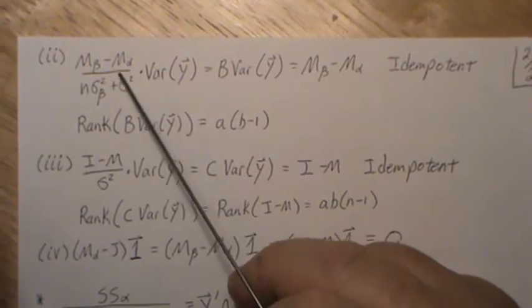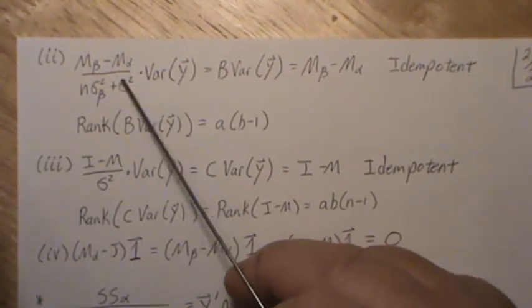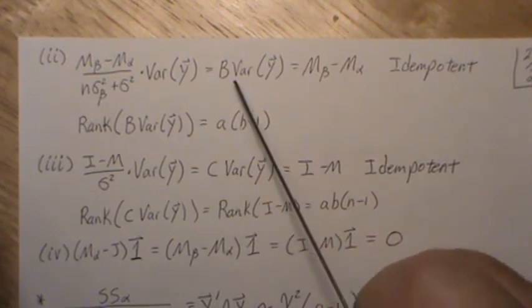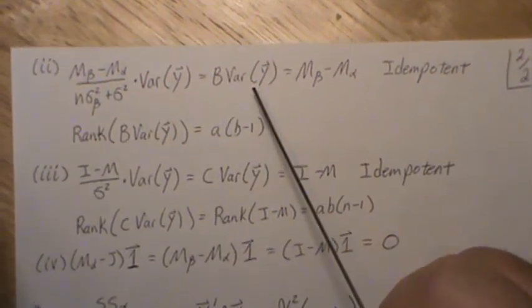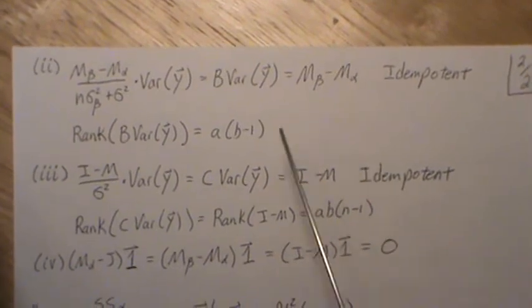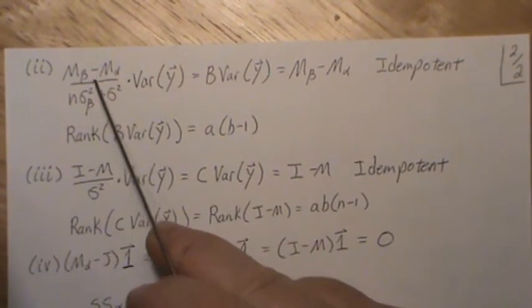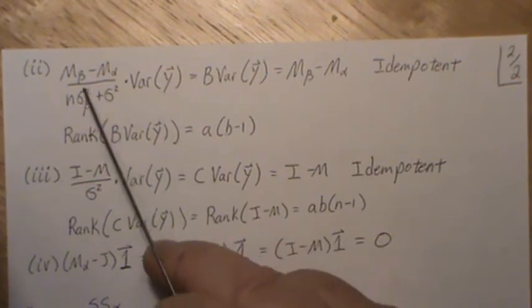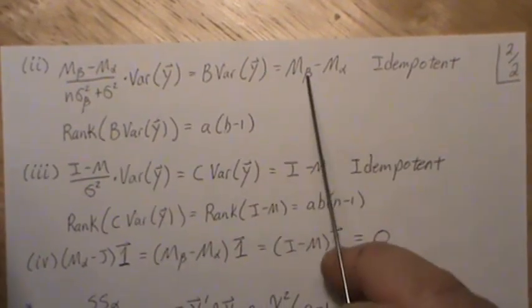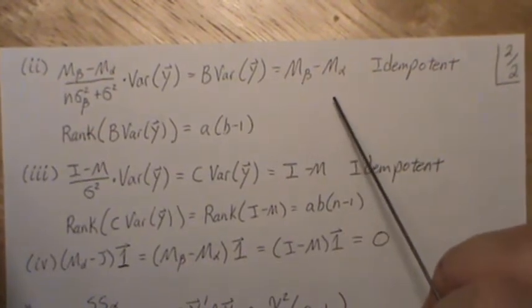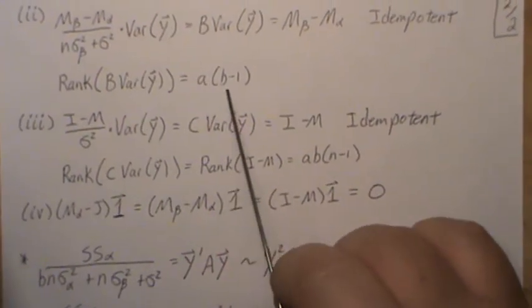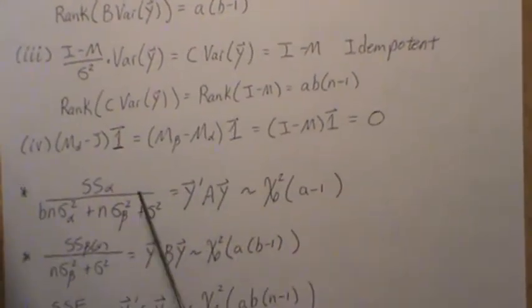Now, looking at this, so this m beta minus alpha divided by this constant times the variance of y, just call it b times the variance of y, ends up just being this, right? Because this matrix multiplying the variance ends up being a constant, which is this constant. It cancels, and then we're just left with m beta minus m alpha. The rank of that is a times b minus 1.